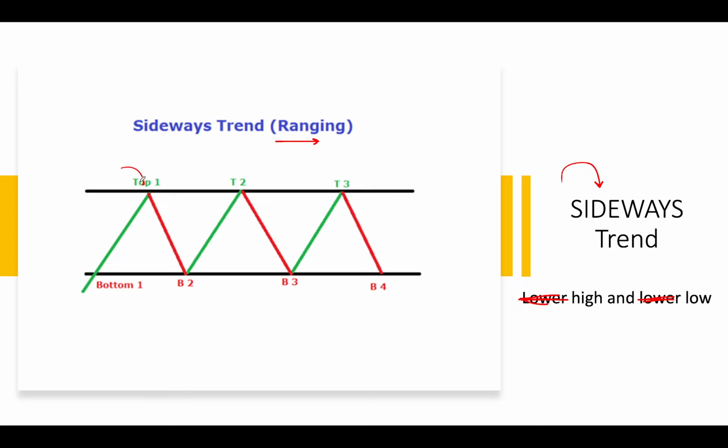All the tops, or highs, are at the same level and the lows are at the same level. The market goes up, and from a certain level it comes down, and then again takes support from some lower level. Such a market structure is called a sideways or range bound market.